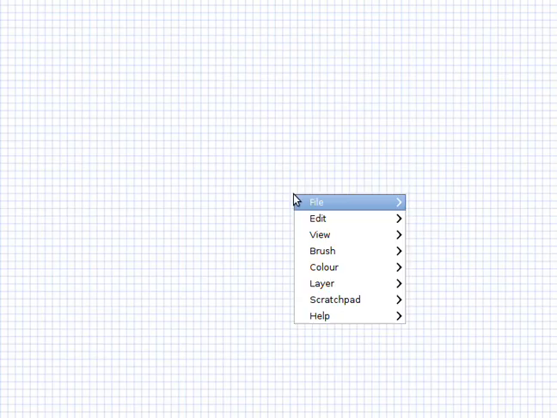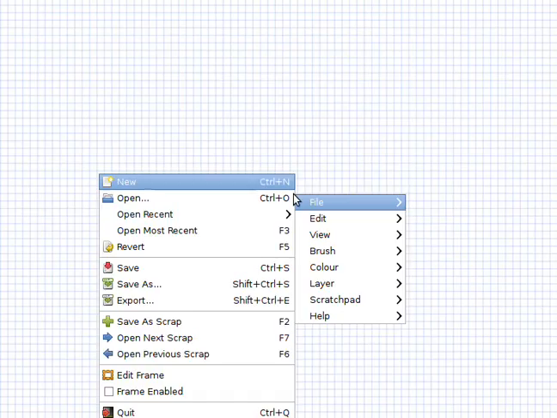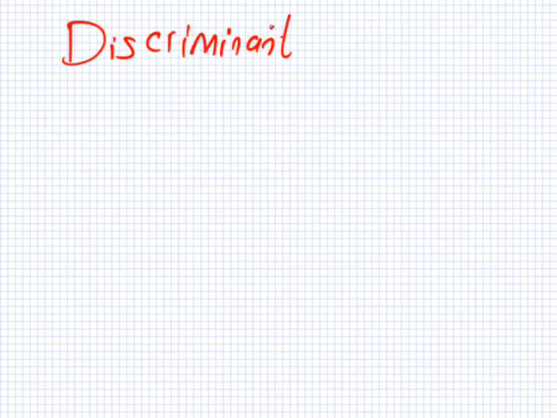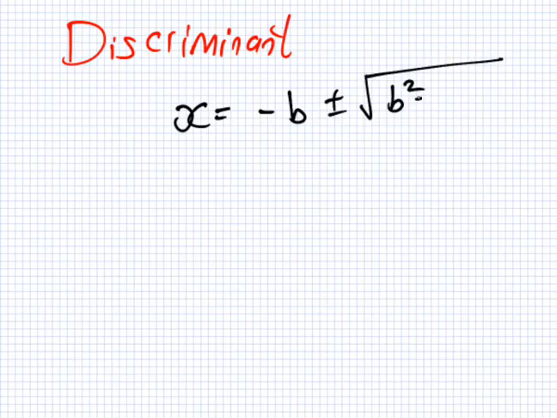Discriminant now. Okay, so last time, previously in maths class, we were looking at the quadratic formula.